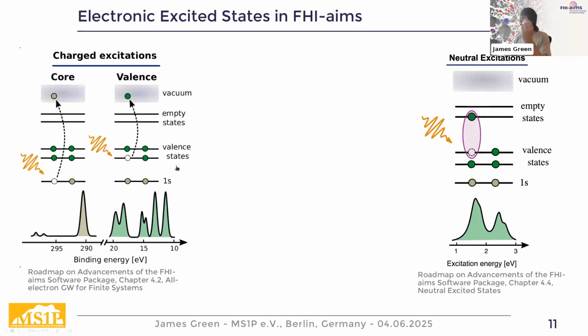So we have charged excitations where an electron can go from a core or valence state to the vacuum, and we can get ionization potentials or binding energies. And we can also have neutral excitations where we promote an electron from a valence state to an empty state. And we have a few different methods in FHI-aims to treat both of these scenarios.